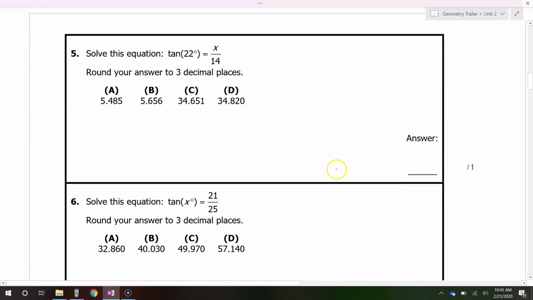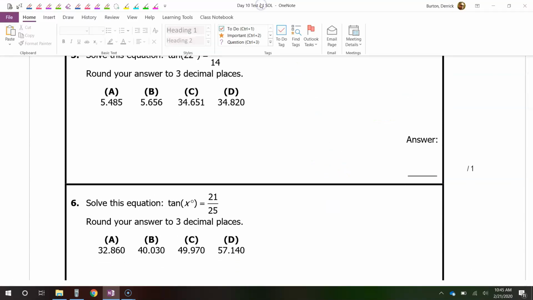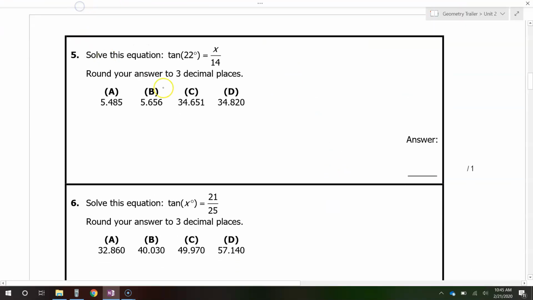All right, ponder number 5 while I change the color of my pen. Solve this equation. Solving these equations depends on where the variable is. When the variable is in the top, that's when you multiply. So specifically, I will multiply both sides of the equation by 14.